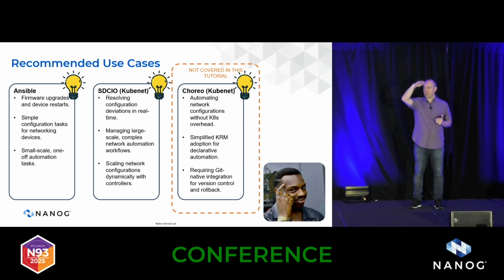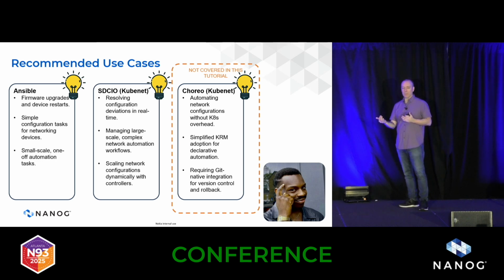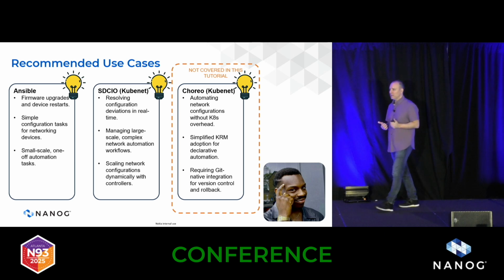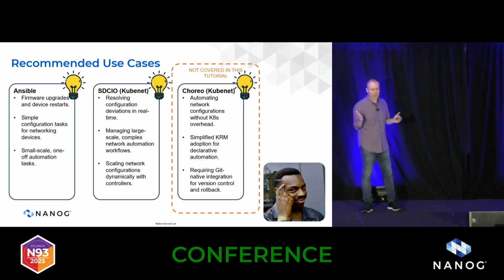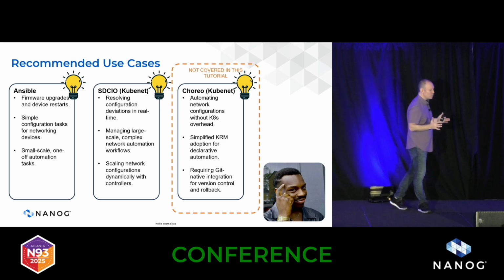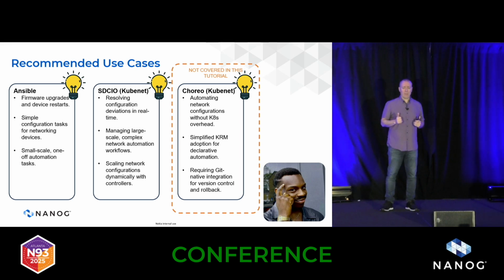The abstraction at the top can be vendor independent, and you can let the system resolve any problem later at the lower level. You can even connect Choreo with SDCIO using the Janux schema if you want, or you can create your own configurations with Jinja templates. And it's also working from day one with Git, so you can have really great version control from day one using Choreo.